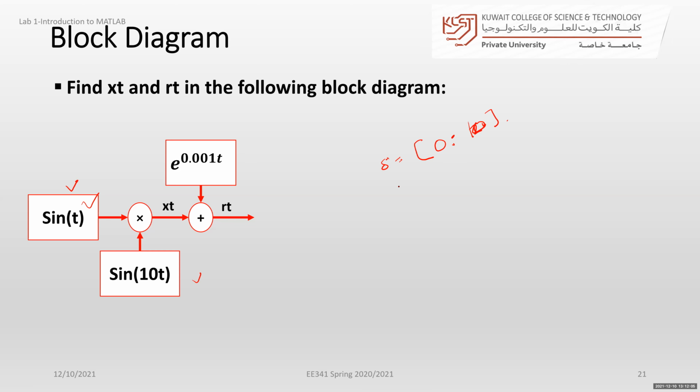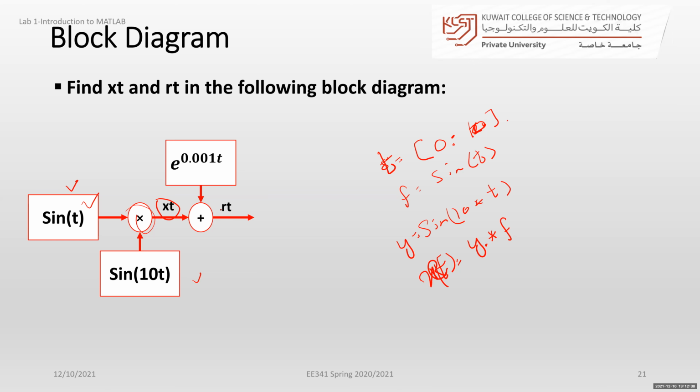So sine of t, my first step is f is equal to sine of t, then sine of 10 into t, my second function, for example, I call it y. Multiply these two. So for example, r is the result, equal to y into f with the dot, or this is x of t, it's written here. So x of t is the multiplication of these two functions, and then I will add.